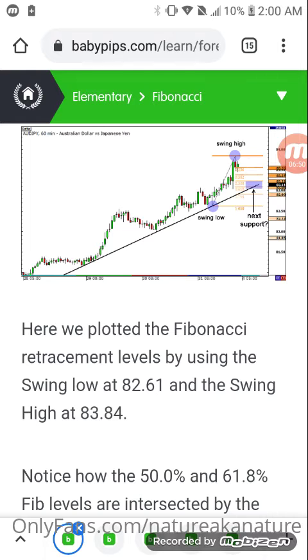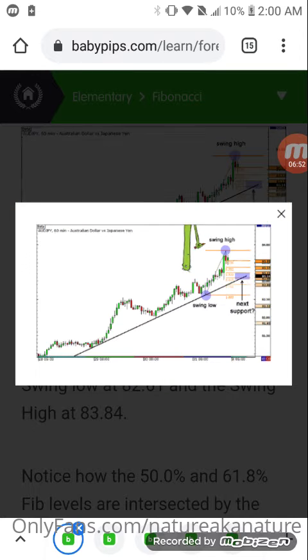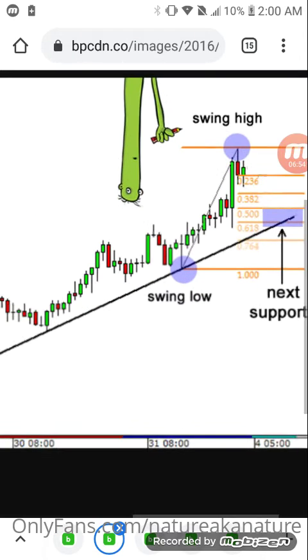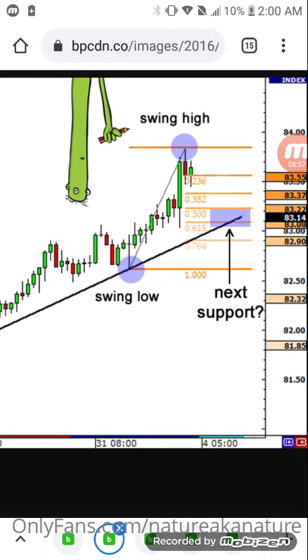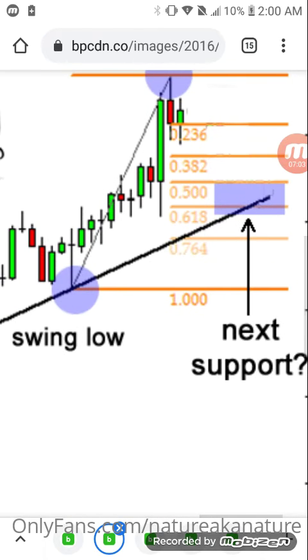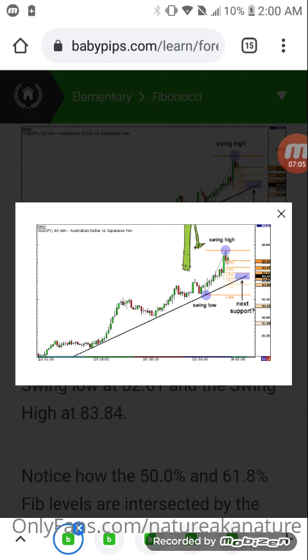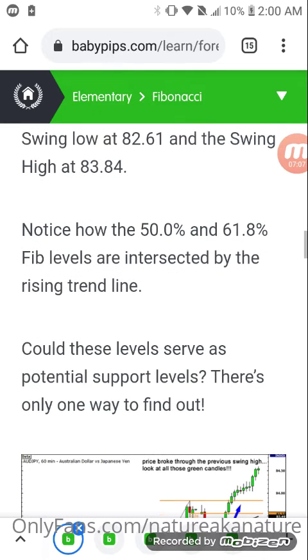You see how the trend line is intersecting at 50 and 61.8, so these could be potential support levels.